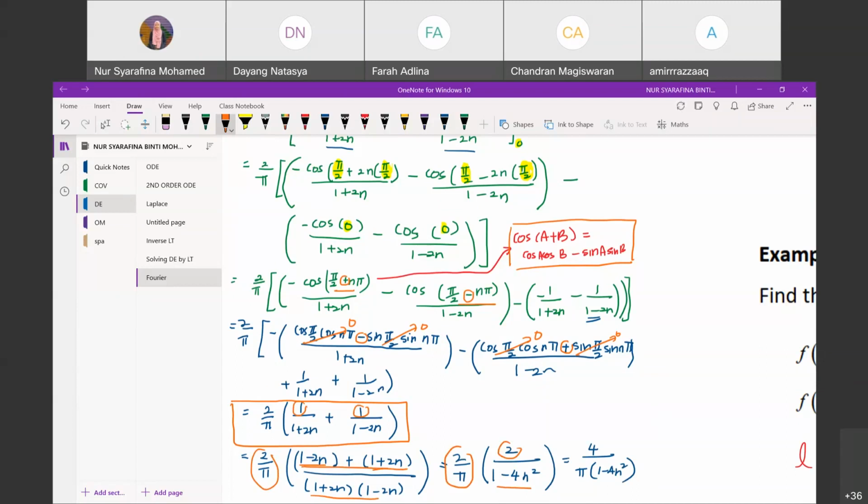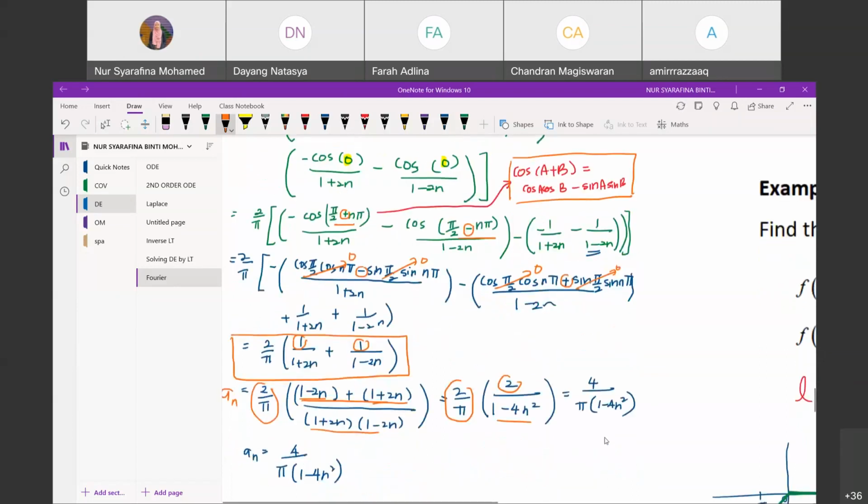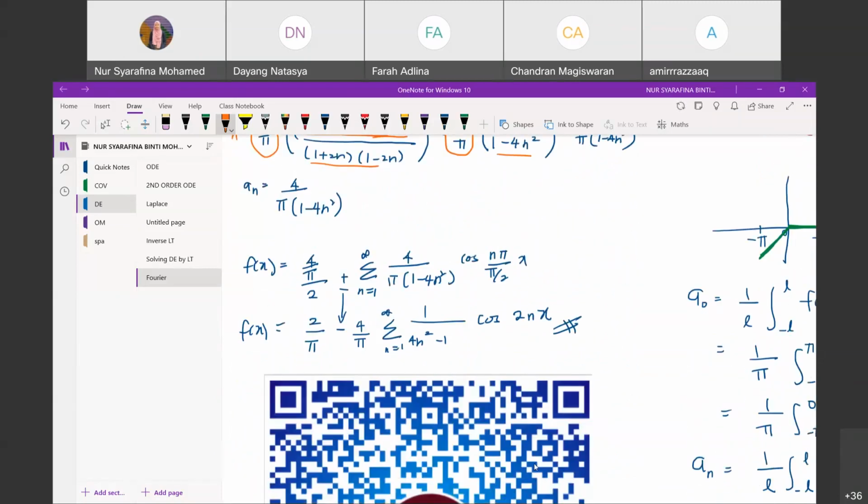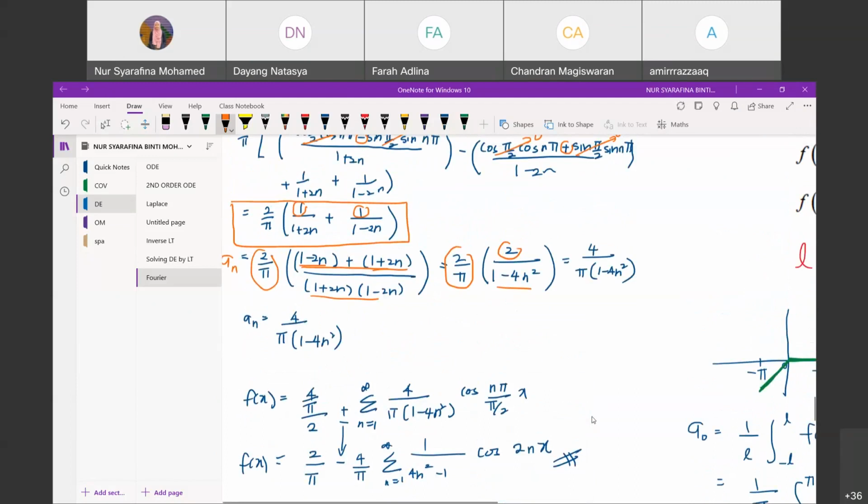So this is an. An is 2 times 2, 4 over pi, times 1 over 1 minus 4n squared. Once you get your an, just substitute again. This is your a naught over 2, so it becomes 2 over pi.